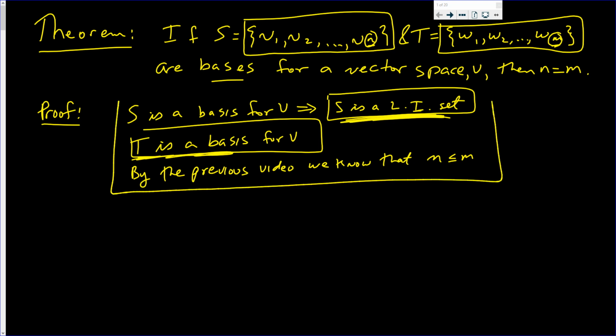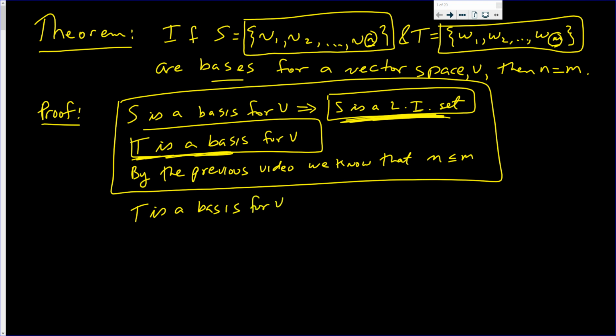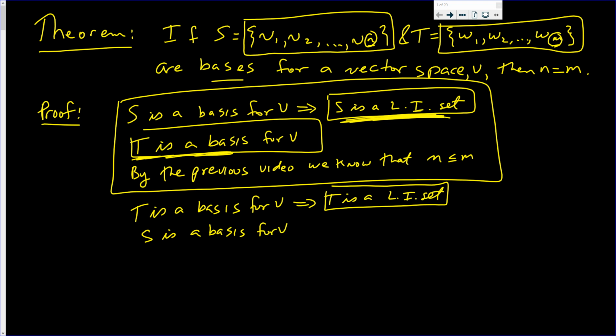Okay, now let's change this game. So now we know that T is a basis for V. So T is a linearly independent set. Let's work with that, because every basis is a linearly independent set. And S is a basis for V. I should say that in both cases, S is a linearly independent set for V. Okay.